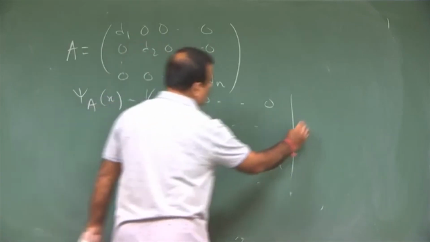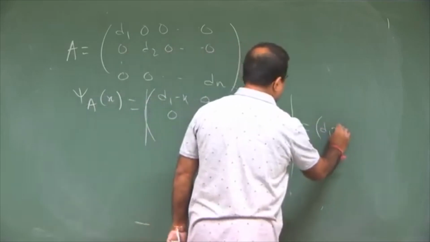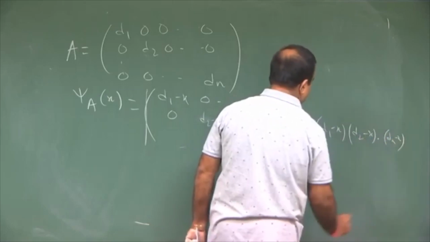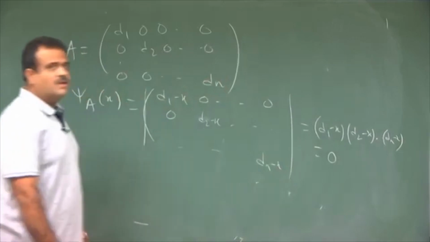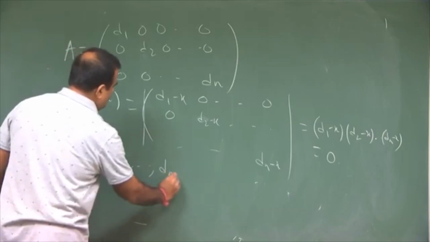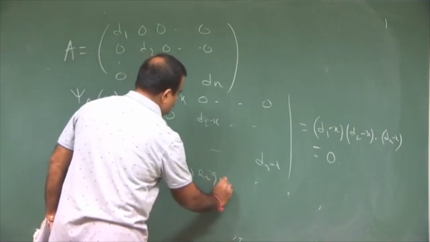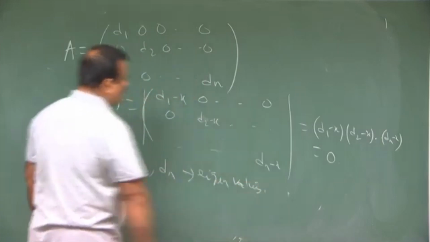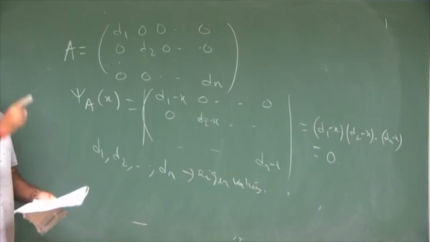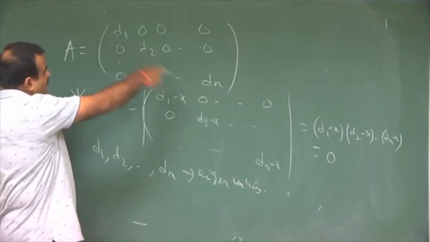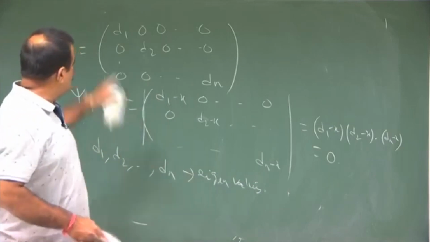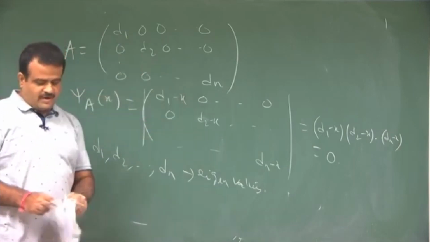The corresponding polynomial is d 1 minus x, d 2 minus x, up to d n minus x, and we want this to become 0 to get the equation. So, d 1, d 2, up to d n will be the eigenvalues. So, for a diagonal matrix, the eigenvalues are nothing but the diagonal elements of that matrix.